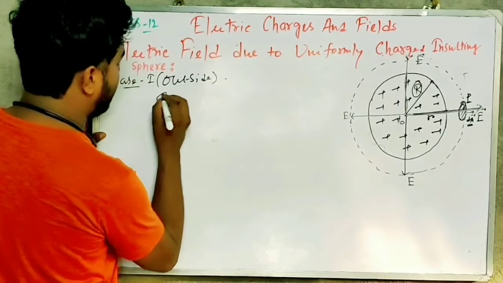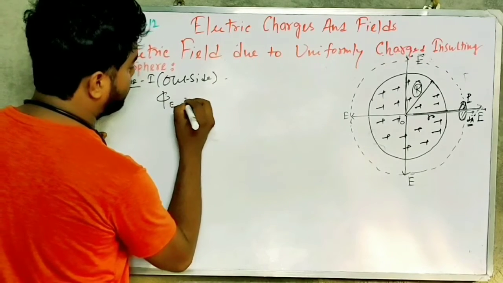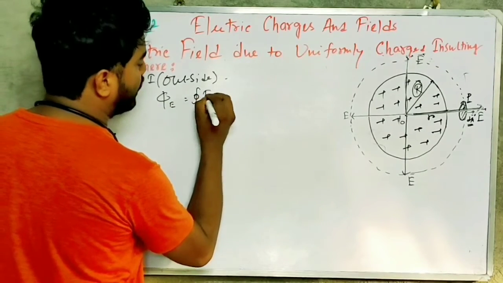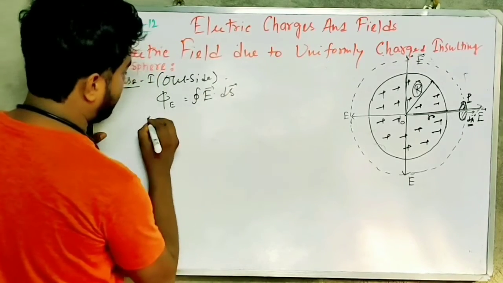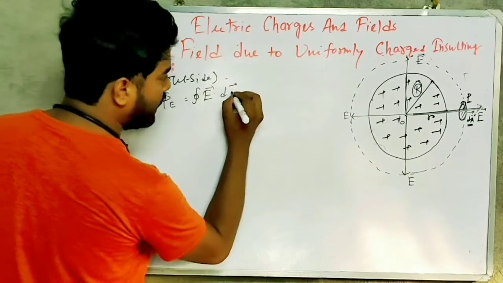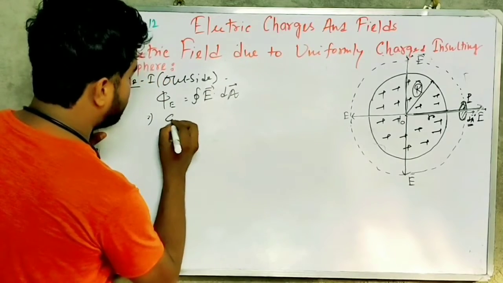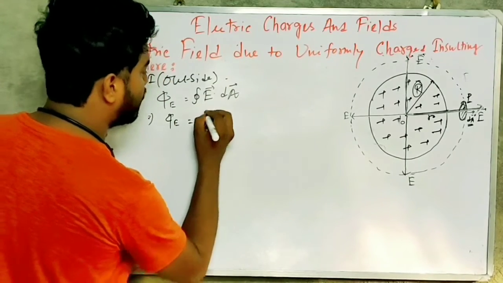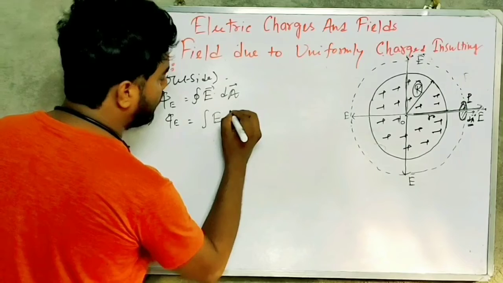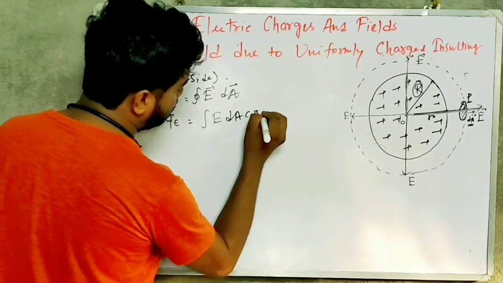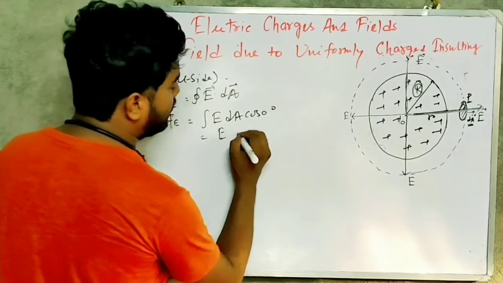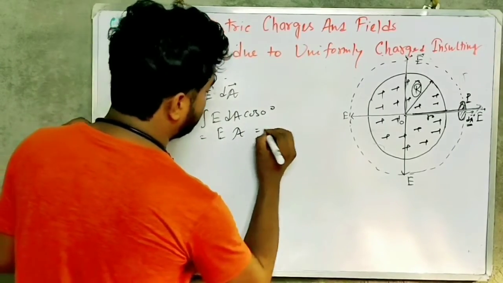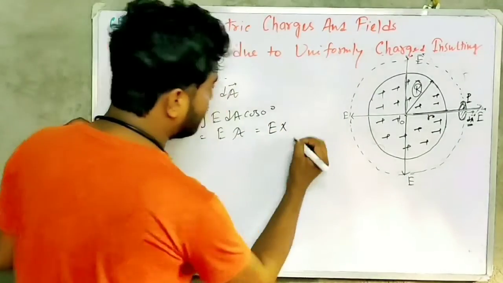The formula is electric flux phi equal to closed integration E dot dS. Here the area vector represents A, then phi E is equal to E A cos 0, E outside, and integration of dA is A. So here A represents area.